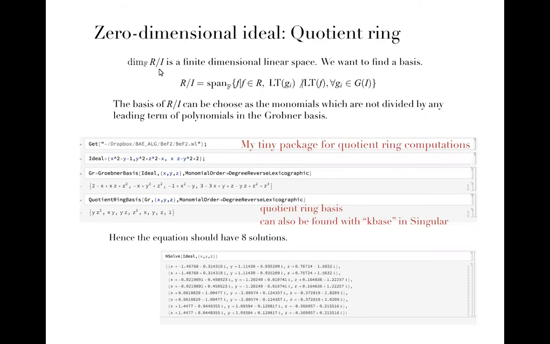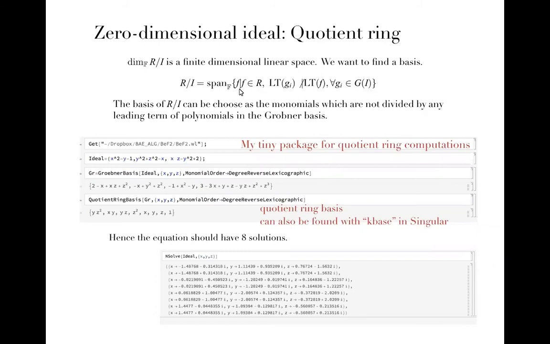Then you can easily say the quotient ring R over I equals the linear span of all those f not divisible by any leading term of the Gröbner basis. And this, of course, is a Q linear space, and determining the dimension is possible. So how do you do that?